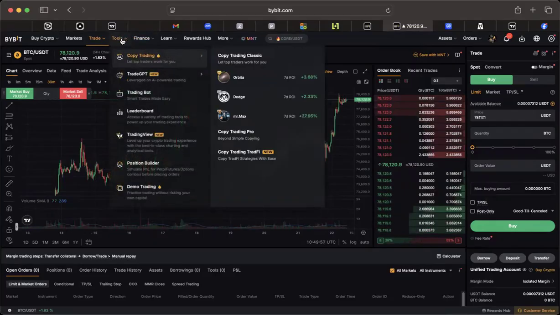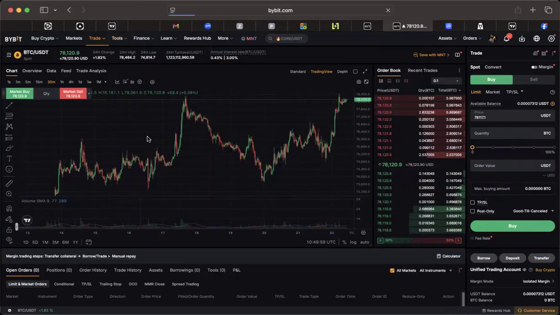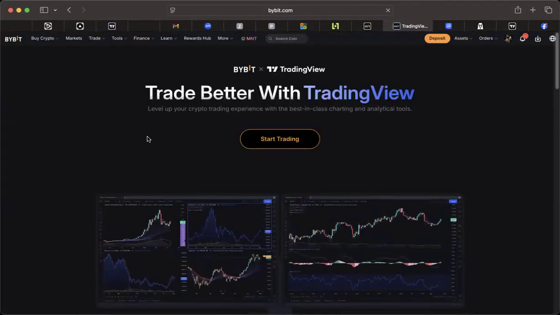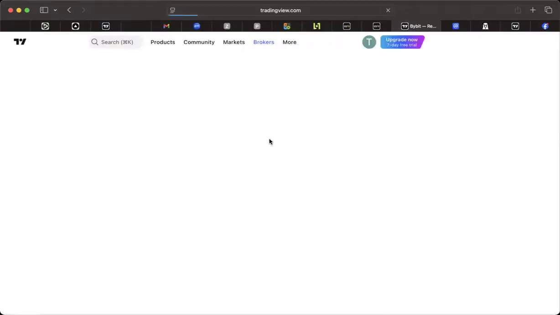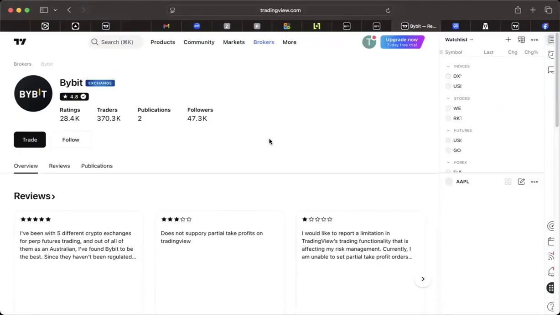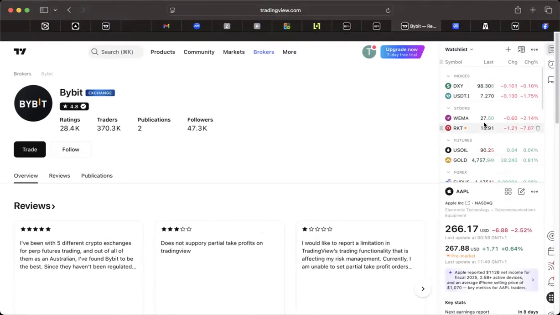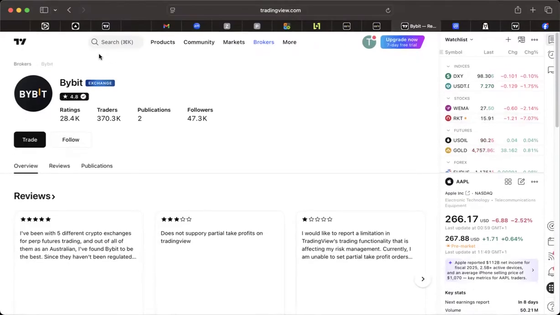Tools, TradingView. You just click. Let me see something. Okay, I think on Bybit now you can connect to your TradingView. Yes, there's a way you can link your account to TradingView.